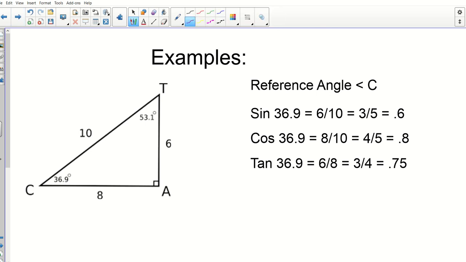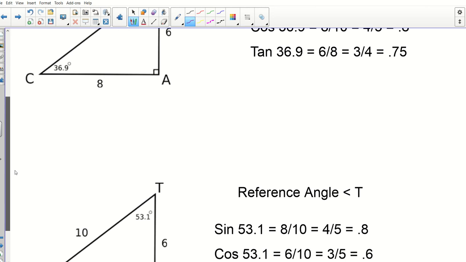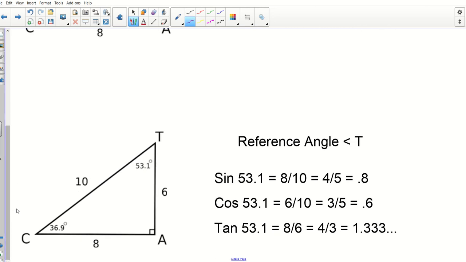If we look at the other perspective, using reference angle T, the 53.1 degree angle, things change a little bit. The sine, again, is the opposite over the hypotenuse, but the opposite is now down here. The opposite is now 8.